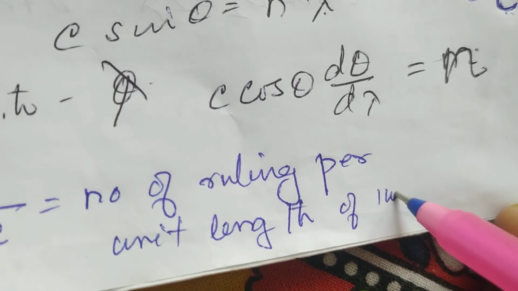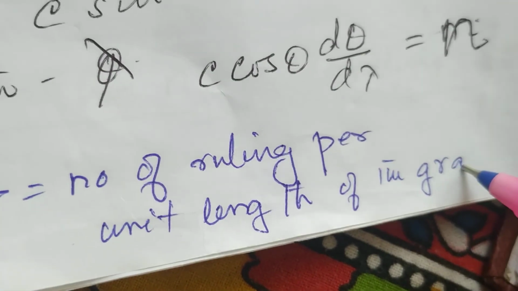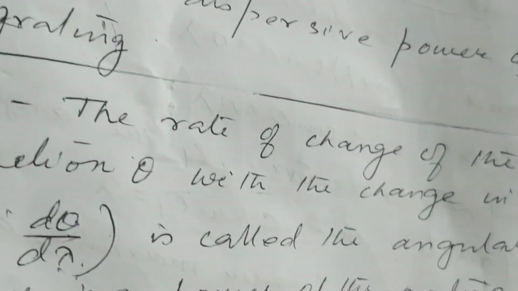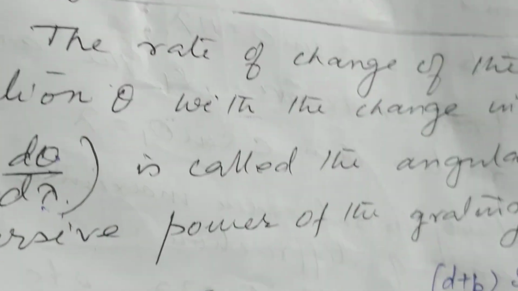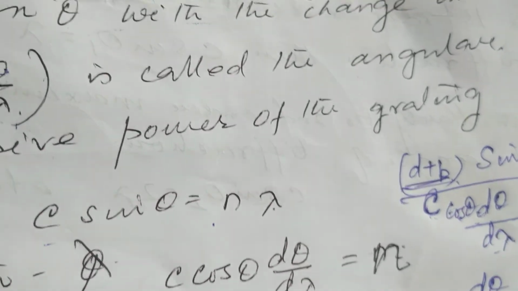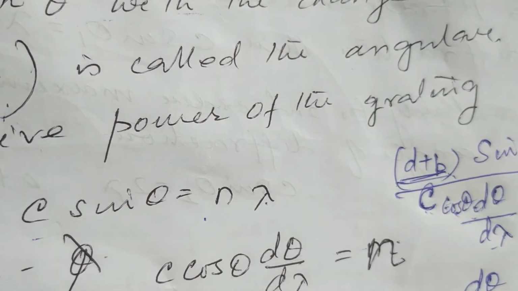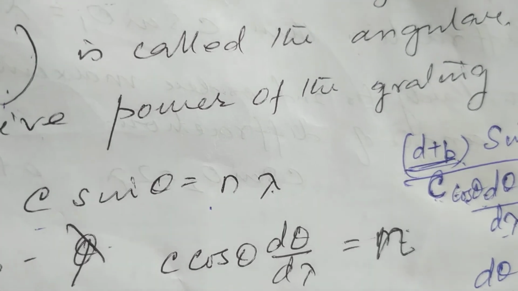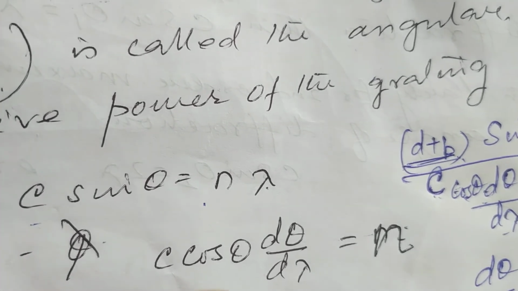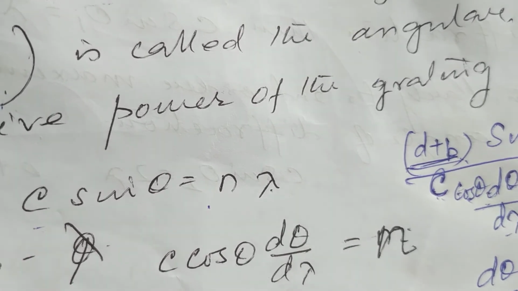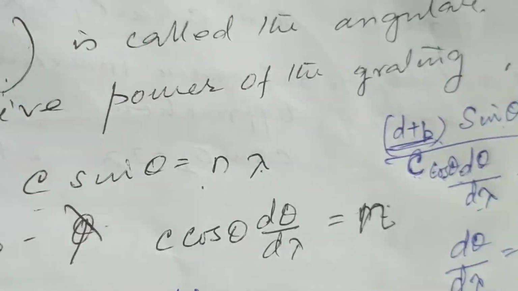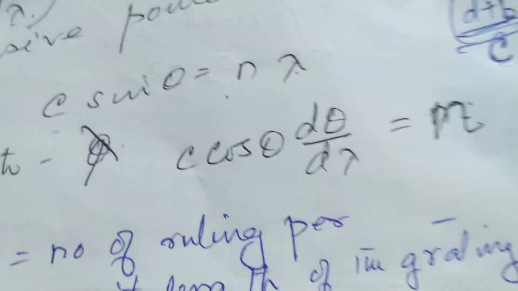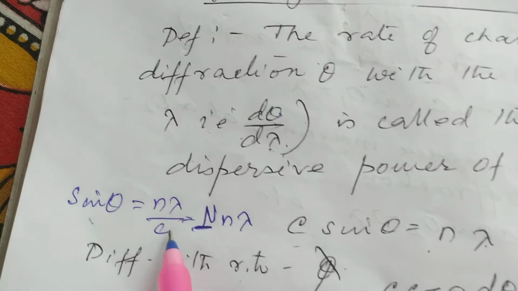So the grating equation can be written as sin theta is equal to n lambda by c, that is, sin theta is equal to N n lambda, where N is the number of rulings per unit length of the grating. Okay, so this is the formula that you should remember.